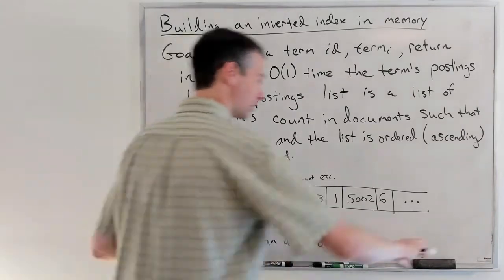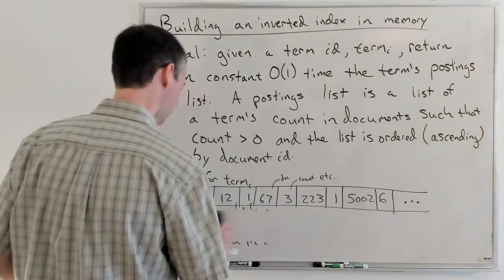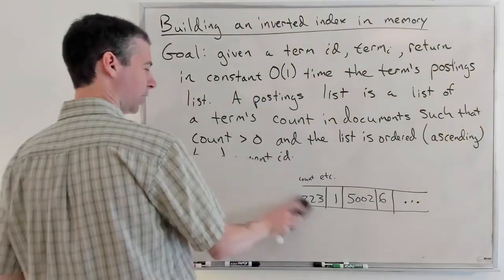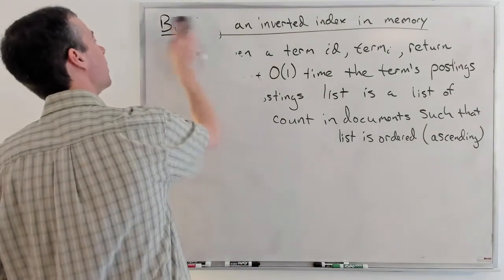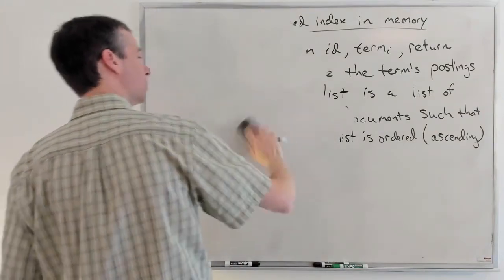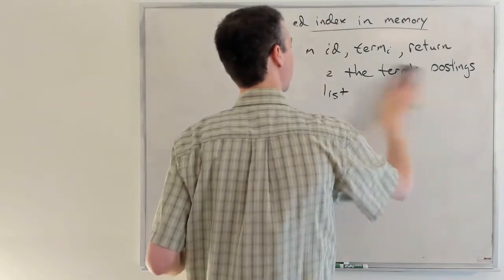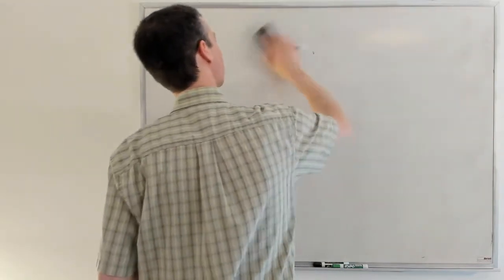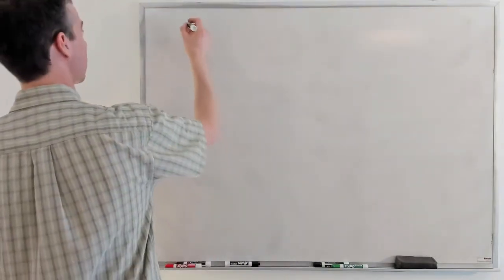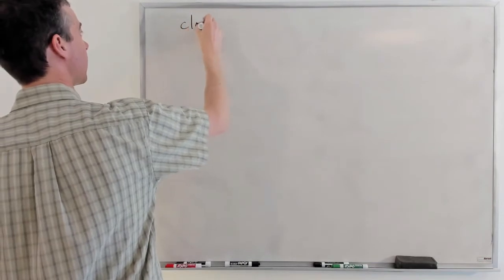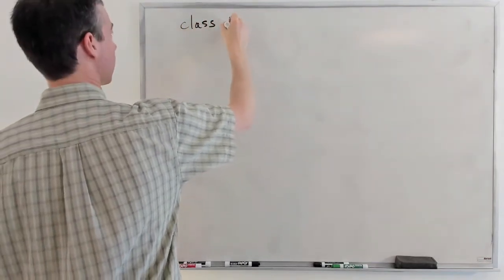That being said, some students balk at this. They feel like it doesn't feel right to have a document ID and a count together in the same array. Trust me, it's all good. But some people prefer to make some sort of class, and they like to make a pair.